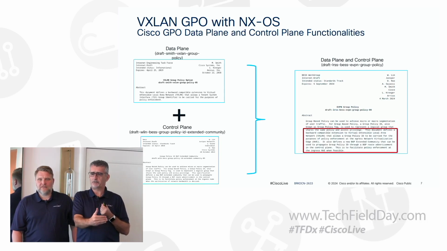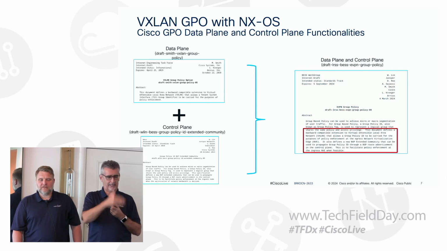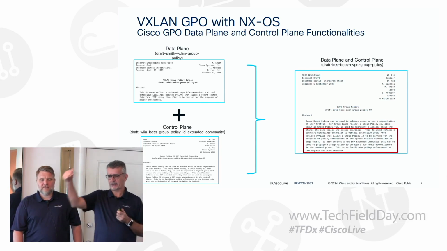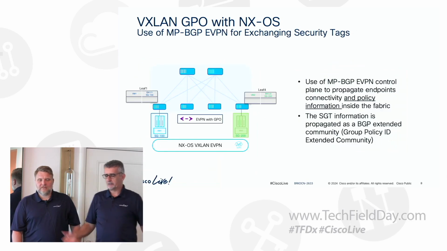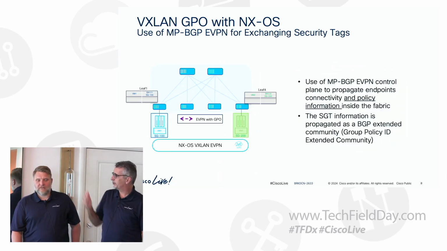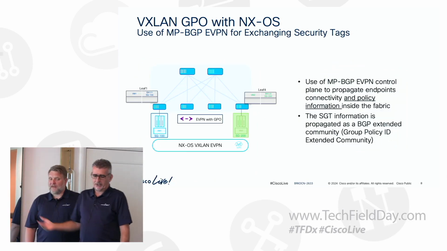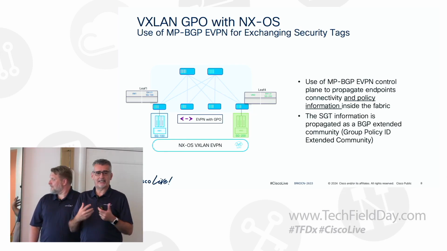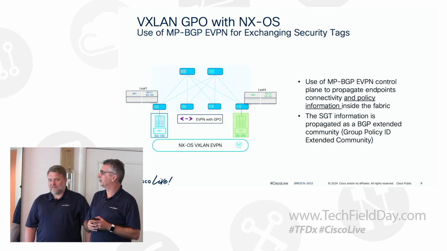So as soon as possible, which means if I need to drop the packet, I drop it at the ingress leaf, right? If I need to redirect, I redirect from the ingress leaf. And this shows you how it works, which is nothing magic. We are leveraging the control plane that is already available in a VXLAN EVPN fabric, which is MP-BGP EVPN.